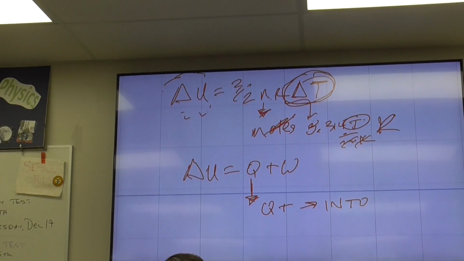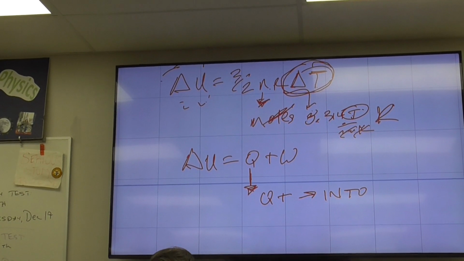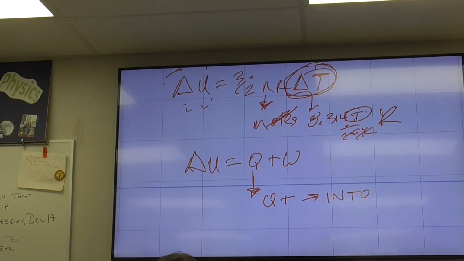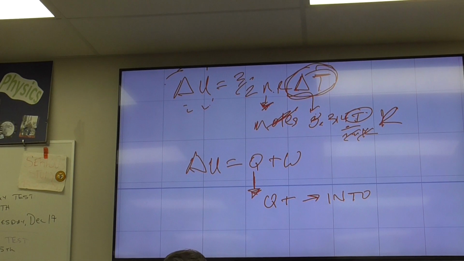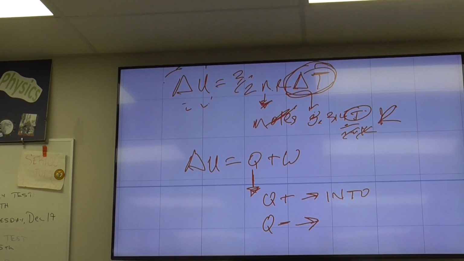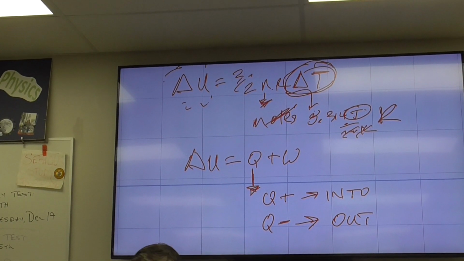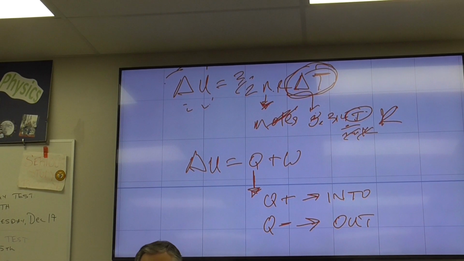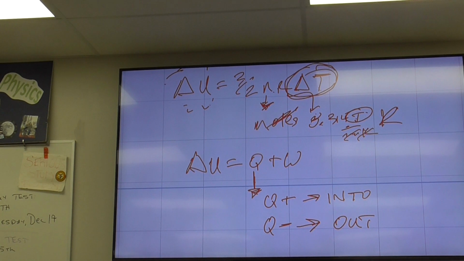So a lot of thermodynamics is understanding the concept of prepositions. If energy flows into the system, or heat is added to the system, Q is going to go up, delta U is going to go up. If Q is a negative value, energy is going to flow out. That's it. Energy flows in and energy flows out.